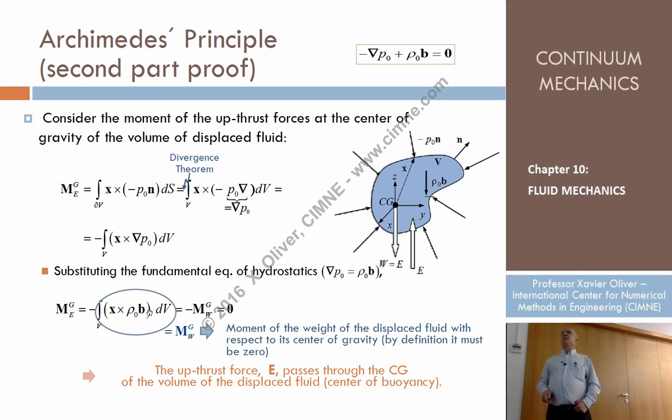Look, what is rho 0 b? Rho 0 b is the weight at every point of the displaced fluid.